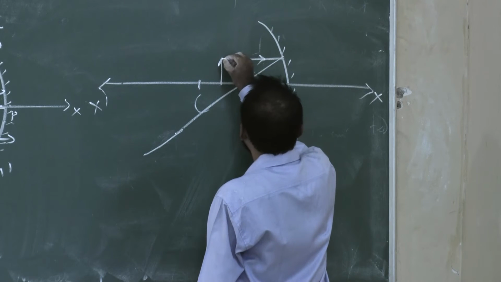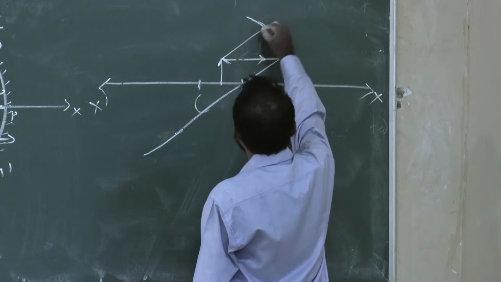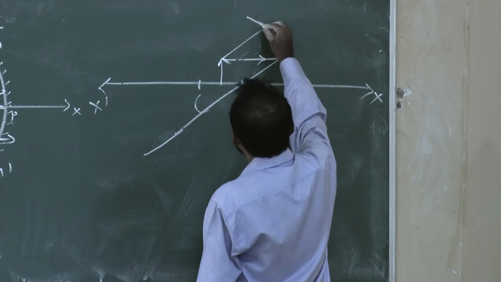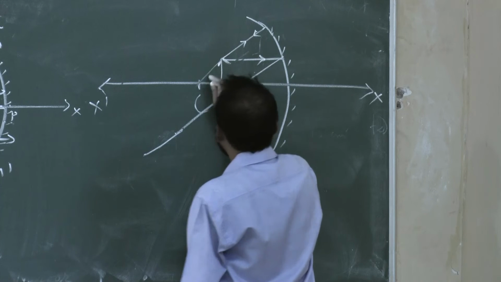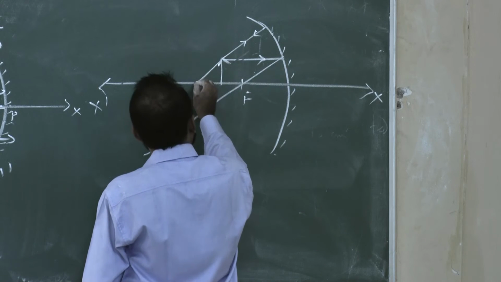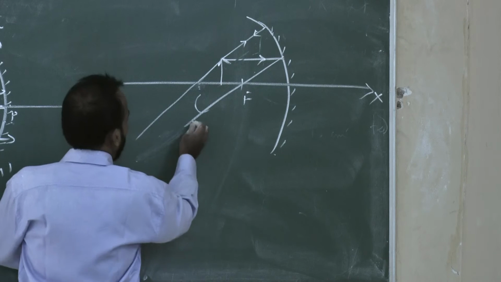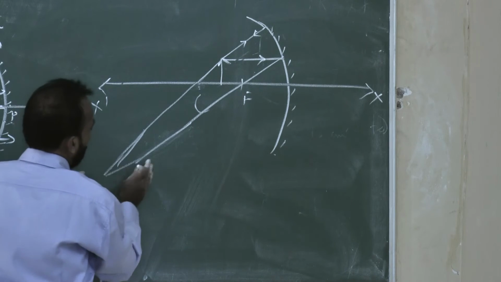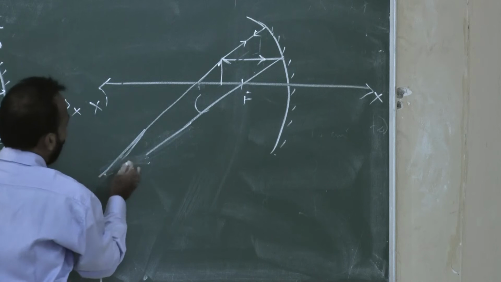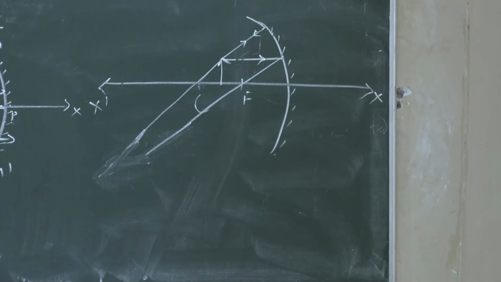One of the rays is falling perpendicularly. This is again returning back, passing through the center of curvature. Like this, I am just drawing like that, but whenever you use a pen or pencil properly, the diagram will come correct.